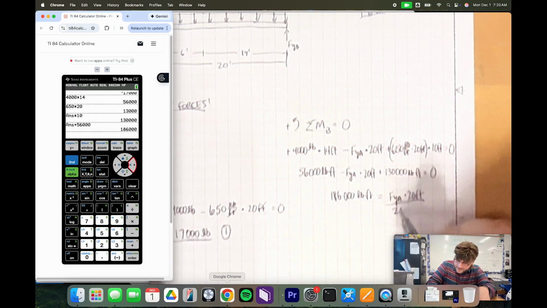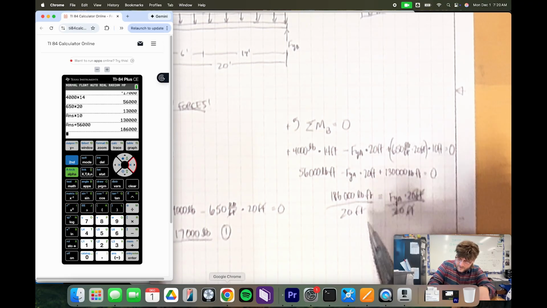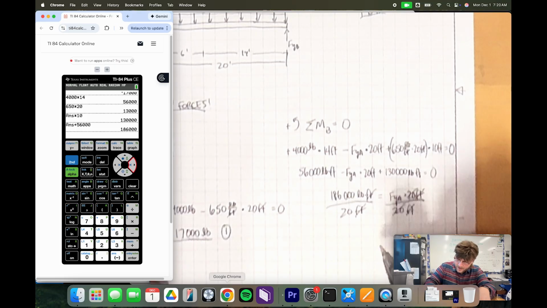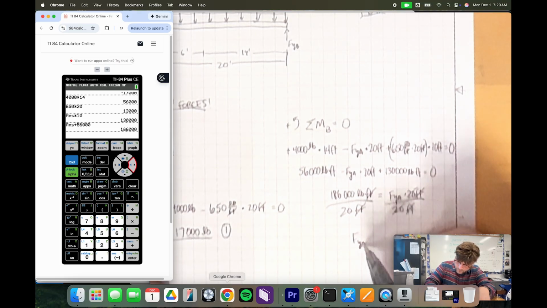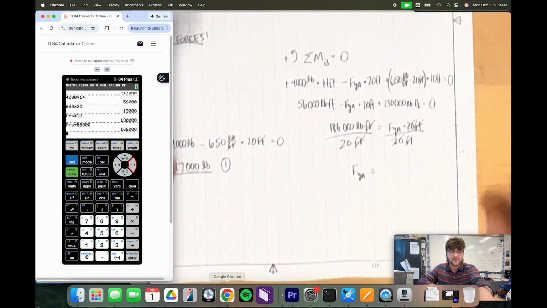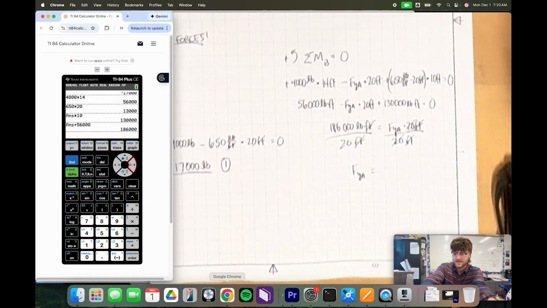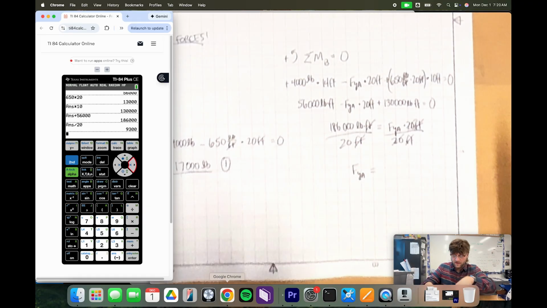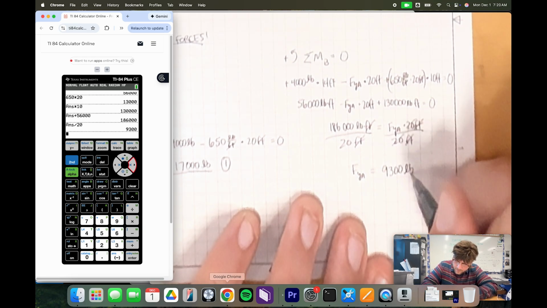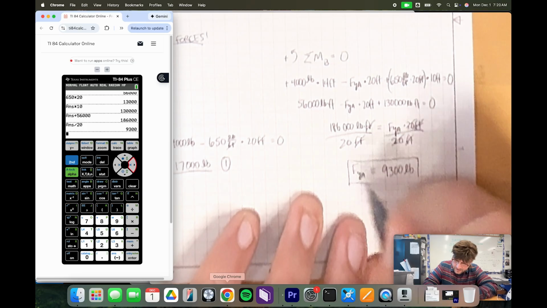Now, if I divide this by 20 feet, the units of feet are going to cancel. We're going to be left with a unit of pound, which is correct for FYA. It should be just pounds. And so now if we take that 186,000 divided by 20, we find that FYA is going to be 9,300 pounds. So that's what that is equal to.